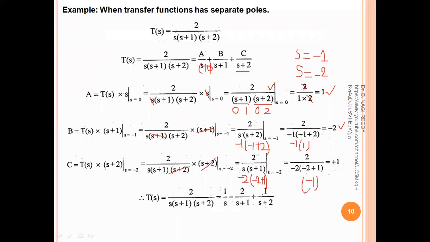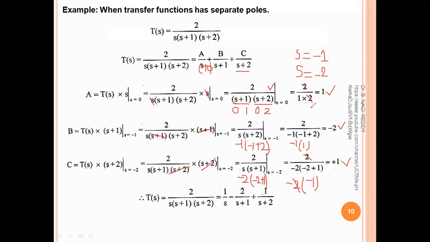That is multiplied by minus 2 in the denominator, but in the numerator we have 2, so the 2s cancel, and minus of minus gives plus. That means the constant C value is plus 1. So this is how we determine the constants A, B, C.